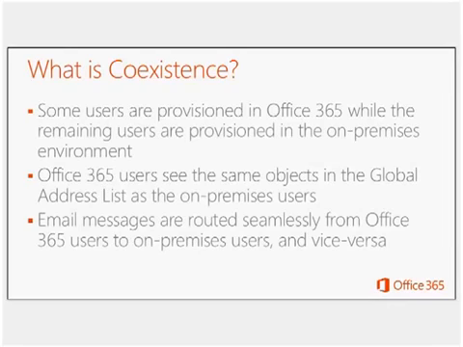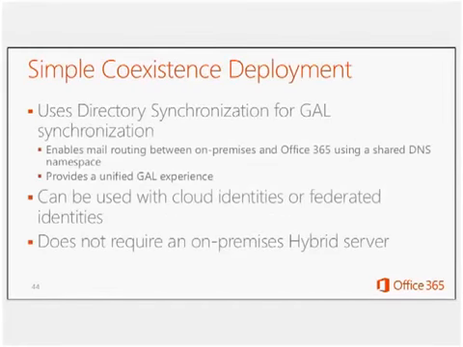And some mailboxes are on-prem, and some mailboxes are in Office 365. Those users, no matter where they're sitting, see the same objects in their GAL. Everything is the same. And that mail is routed seamlessly from the end user perspective to Office 365 and back. So that is really what simple coexistence means.